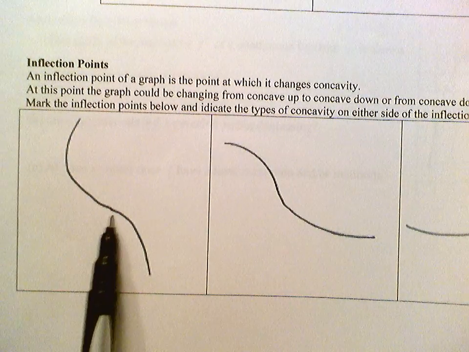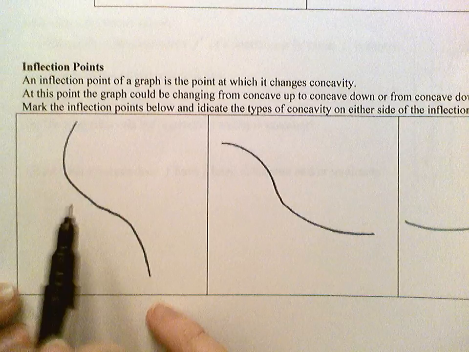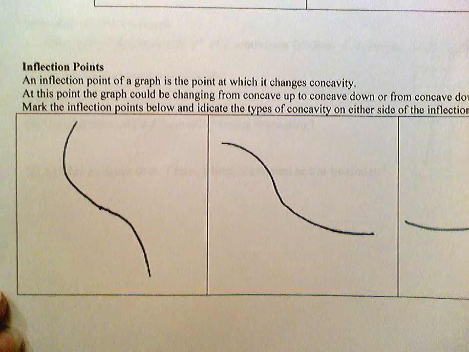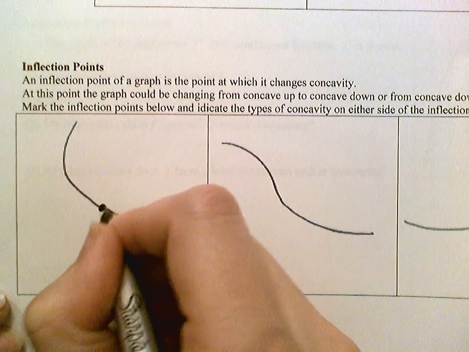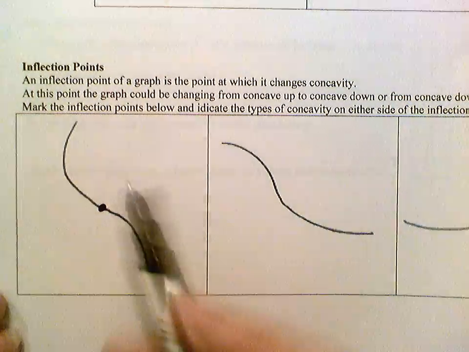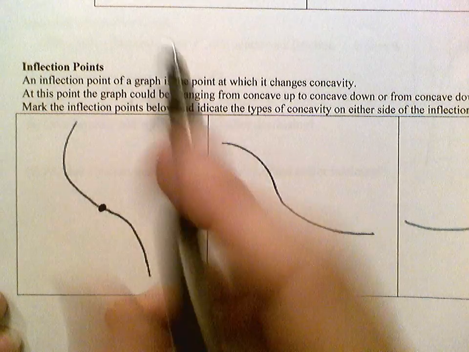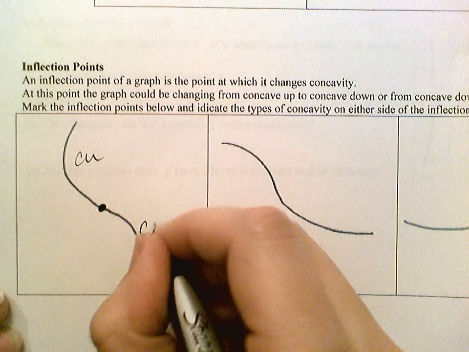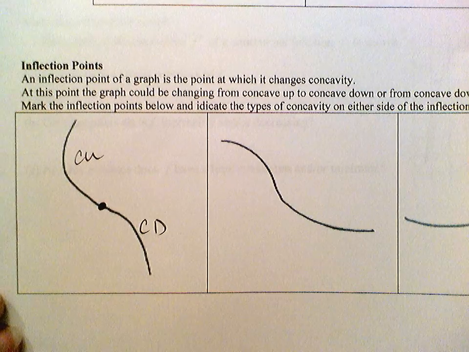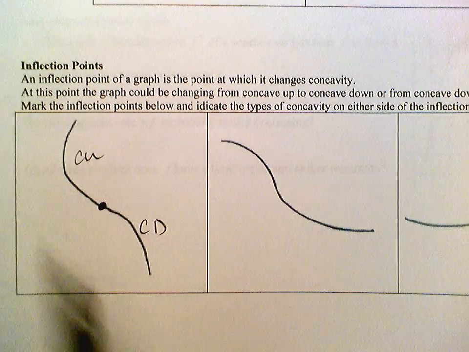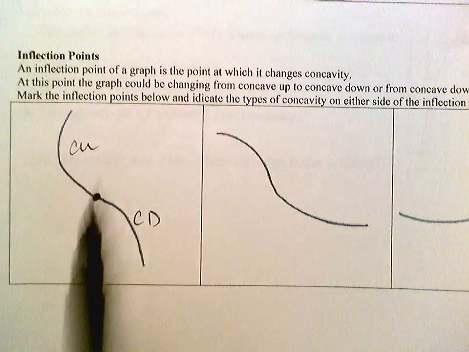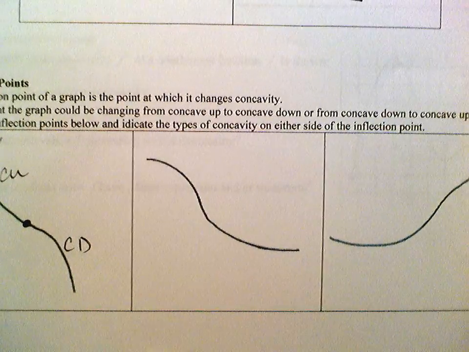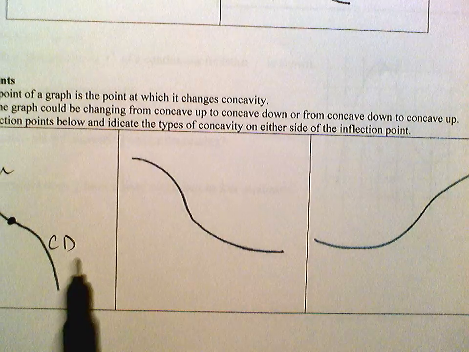If the slope changes from increasing to decreasing, that means a change in concavity. So right there seems to me about where the inflection point is. On this side, it is concave up, and on this side, it is concave down. If that doesn't make sense to you, look back at the stuff we just did and try to have that make sense to you.